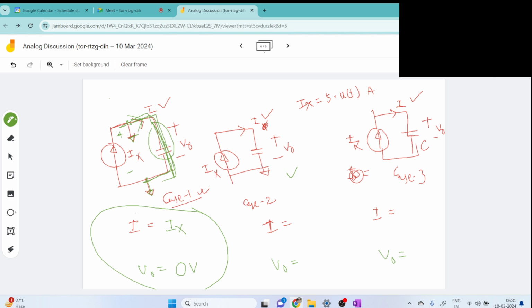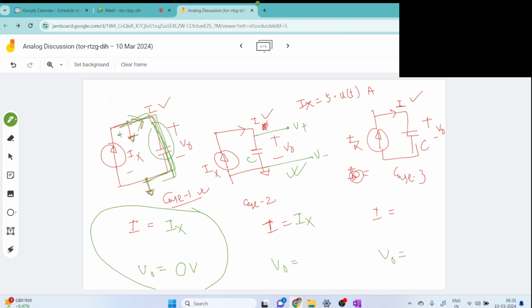This is case 2. In the second case also, I is an ideal current source, so I will be Ix. There is no doubt, whatever the voltage, the current pushes Ix. Let's say this is V plus and this is V minus, and across it there is a V out.